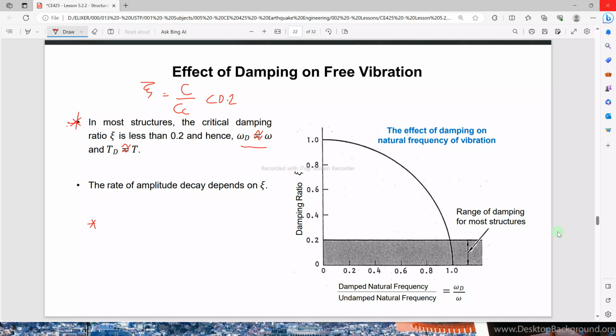For example, our damping ratio is 0.2, so it is really very small. And we know that C is equal to the critical damping coefficient times xi. So we have 2m omega times 0.2, so our damping will become 0.4 m omega.